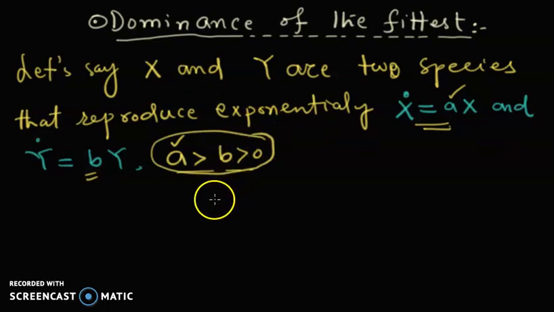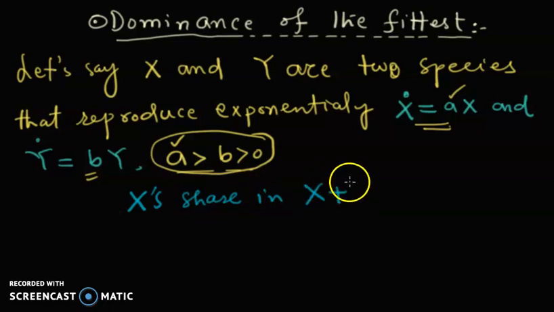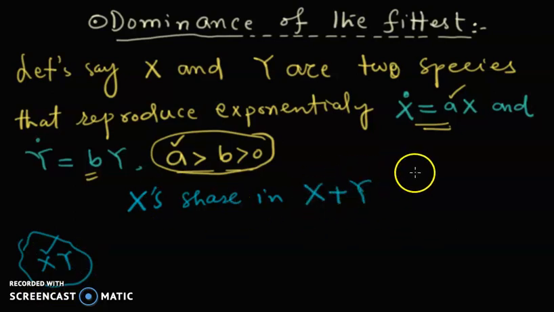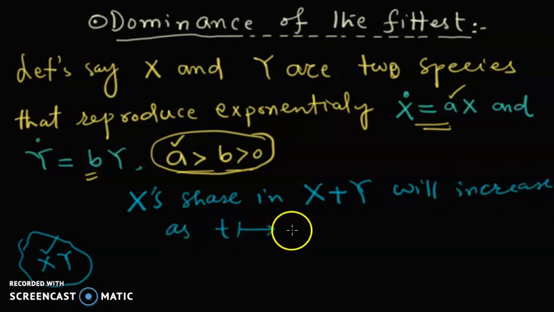From here we can also conclude that the X share in the total population, that is X plus Y, in an atmosphere where there are two species X and Y, because X is fitter than Y, as time grows X will dominate Y. So the X share in the total population will increase as t goes to infinity.